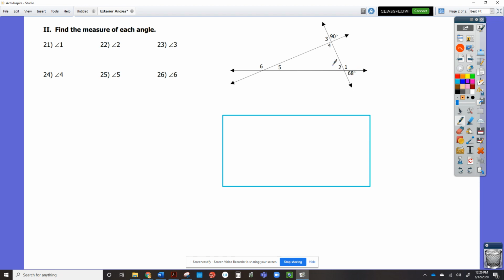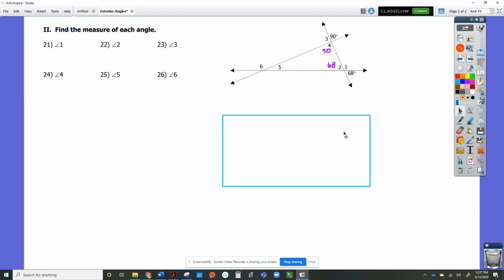This angle right here is 68, so we know this one's 68. This angle right here is 90, so we know this one right here is 90. And now that we have some interior angles, we're more equipped to handle finding the missing angle pieces. So that's all of the ones that you should just be able to look at and answer the question. Everything else may take a little bit of a calculation.